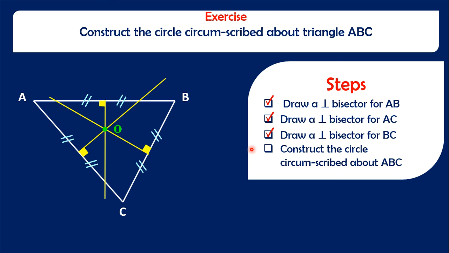Now we have to construct the circle circumscribed about triangle ABC. It must pass through A and B and C. If it didn't pass through one of them, we would have a problem. Let's see. Yes, it was so precise. It passes through A and B and C, and now our fourth step is finished.